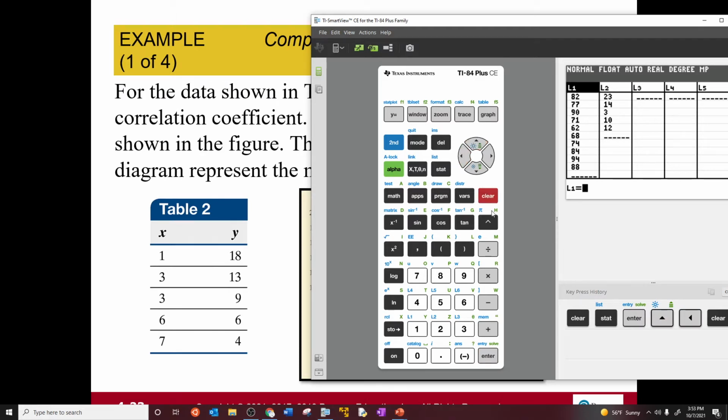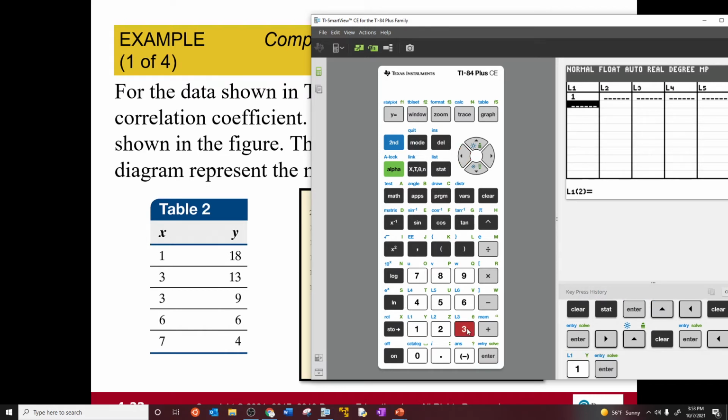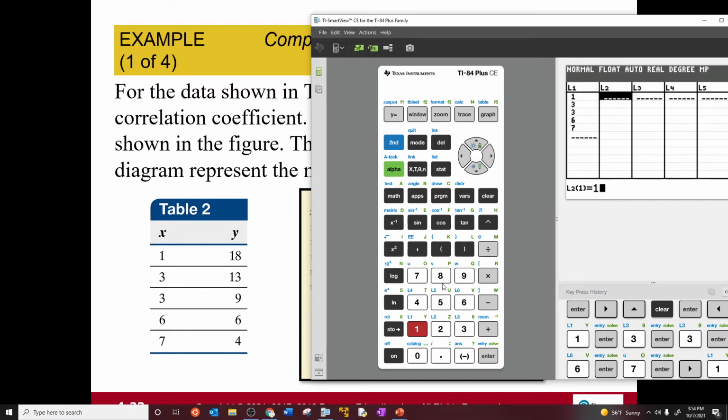Let me clear that out. We'll clear this one out as well. And now I'm going to enter in 1, 3, 3, 6, 7, 18, 13, 9, 6, 4.